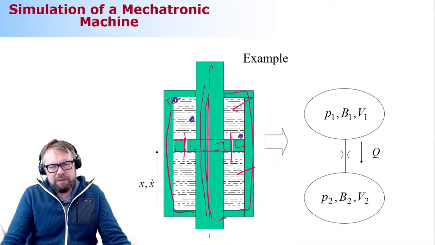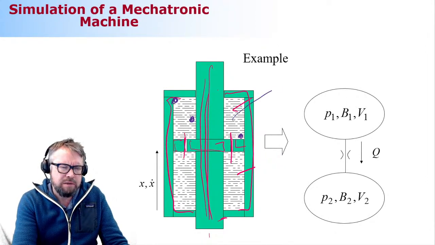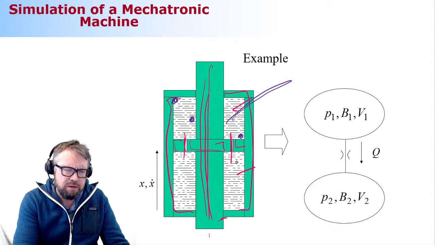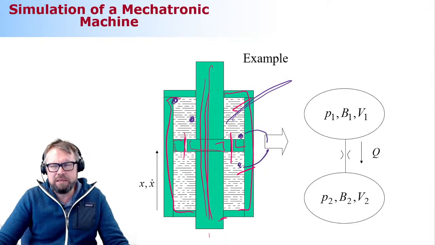So obviously I can make an assumption that in this volume the pressure is equally distributed. But what about the pressure here? Can I say that the pressure here and here are equal? No, I cannot.